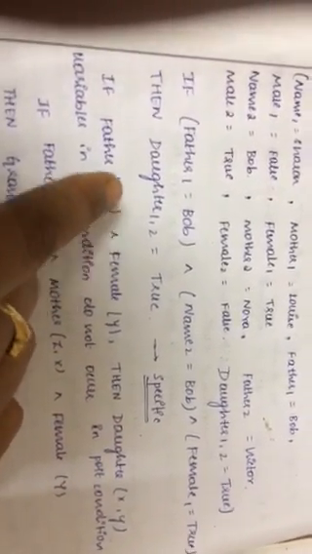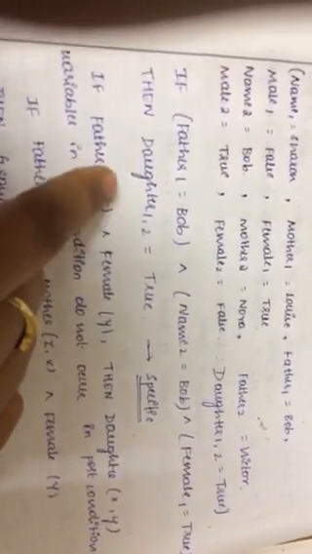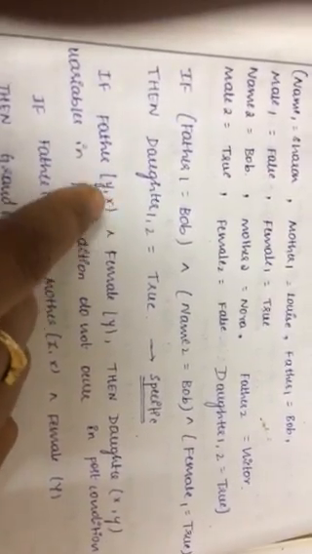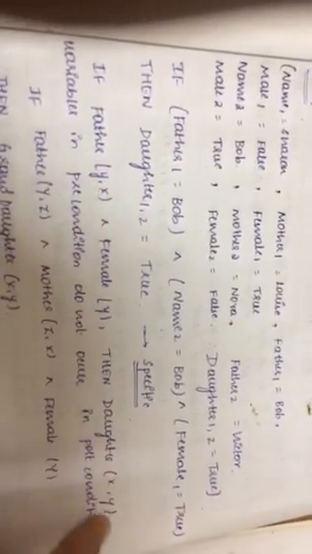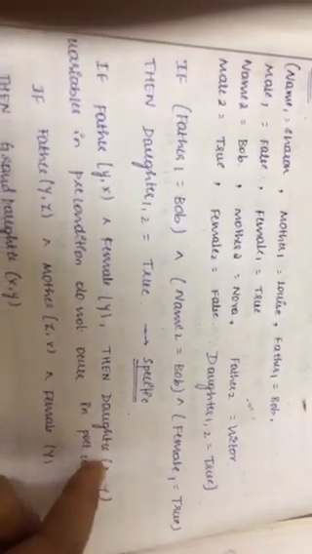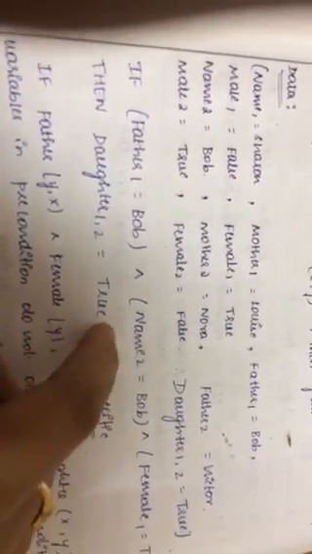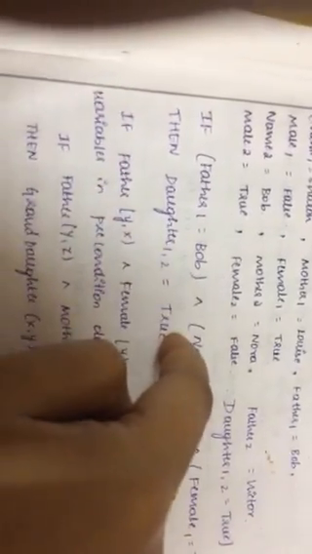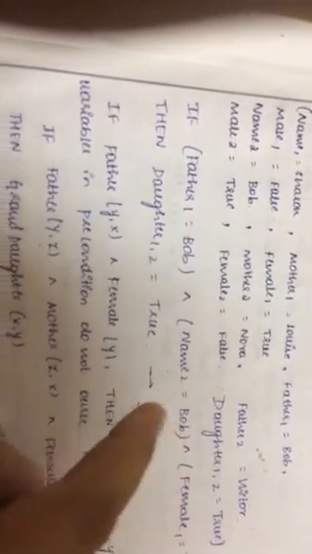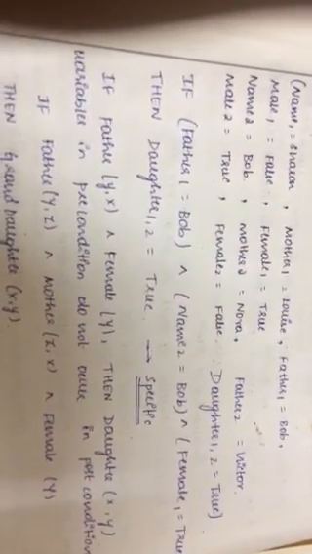Understand, x is the father of y, and y is a female, which means y is the daughter of x. So this is the most general condition, whereas the other is the most specific condition as per this database or the training examples being considered here. So this is more specific and this is more general.